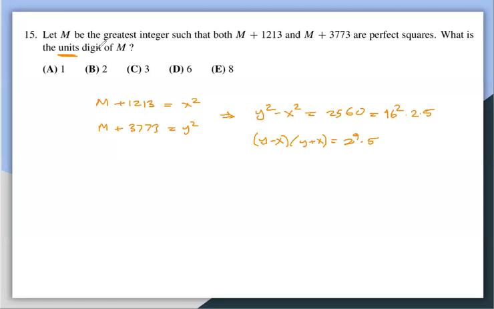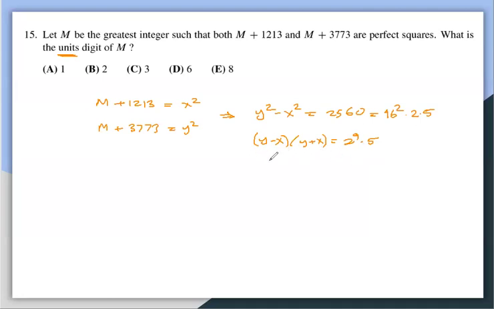There are a lot of different m's that actually satisfy this condition. And we know that when you have a difference of squares, each factor has the same parity, which means they have to be odd and odd, or even and even. But we cannot get odd and odd because the product is an even number, which means each factor should be even.